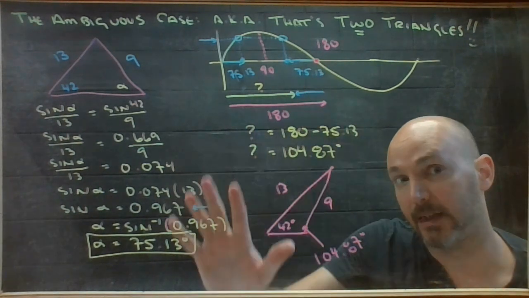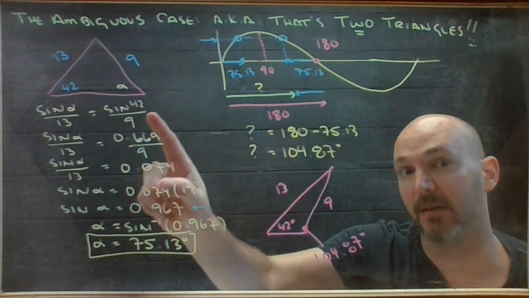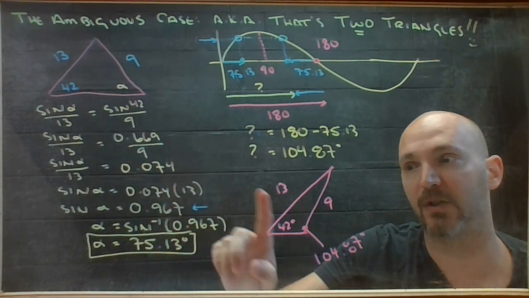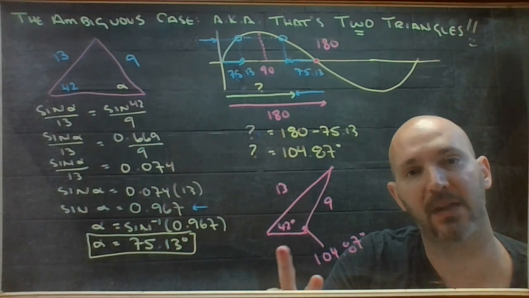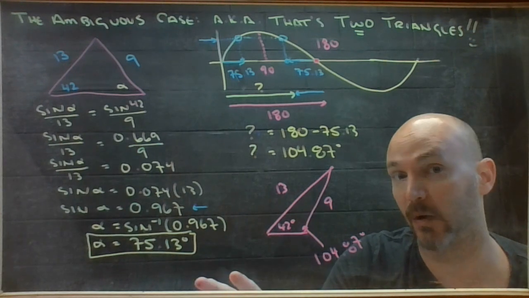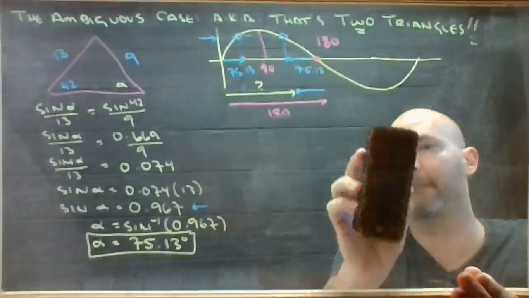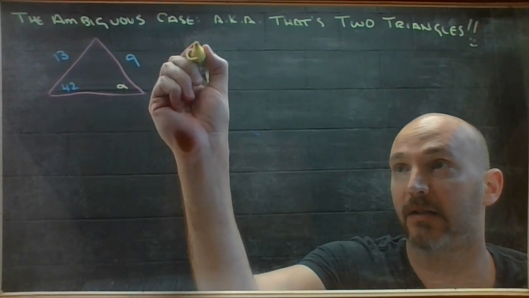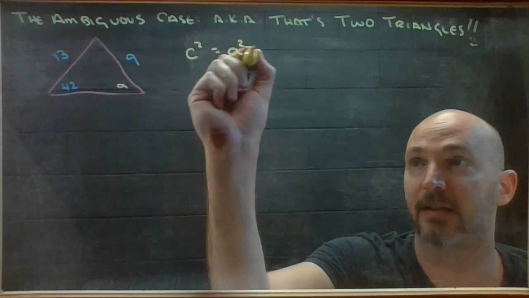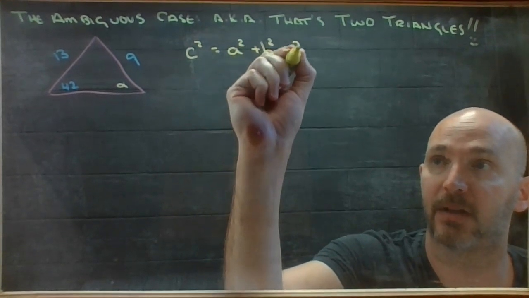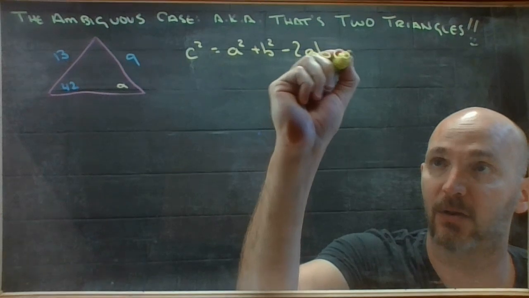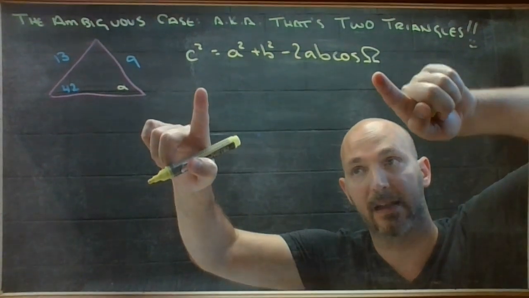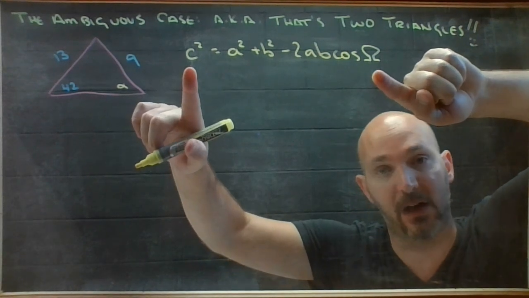Now I'm going to clean this off now that we've got an example that we know is ambiguous, and I'm going to try using cosine law on it. So you can see that the two solution thing pops up even when you're doing cosine law. Just a little reminder, cosine law is c squared is a squared plus b squared minus 2ab cos of whatever angle you're working on. And this angle and this side have to be opposite each other.